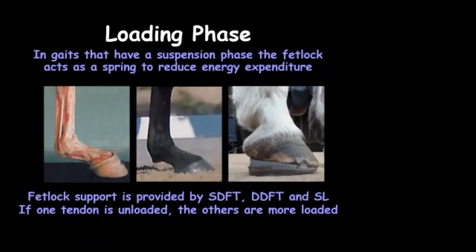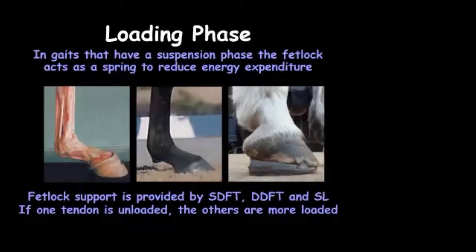Support of the fetlock is provided by a combination of tension in the superficial flexor tendon, the deep flexor tendon, and the suspensory ligament. And the load is distributed between those three structures.